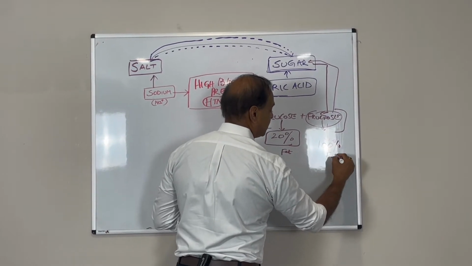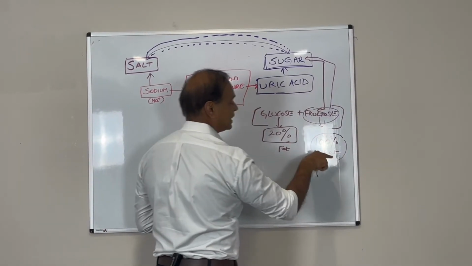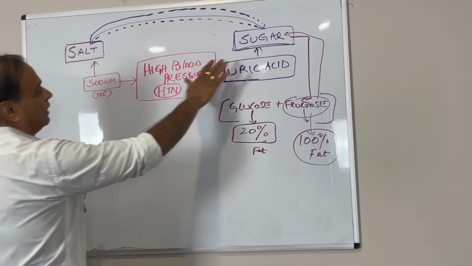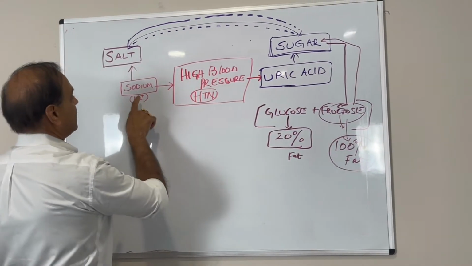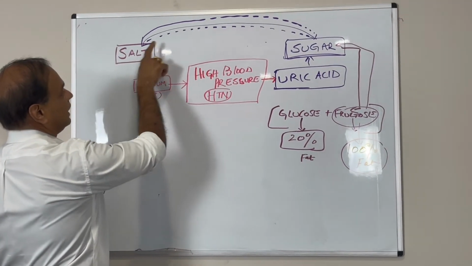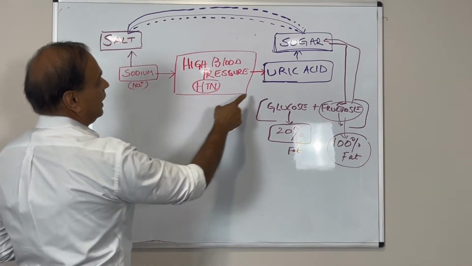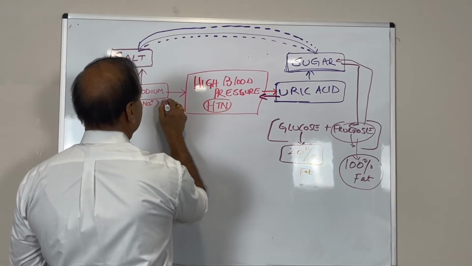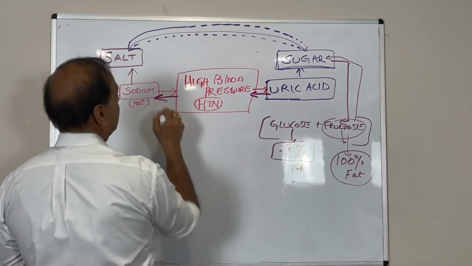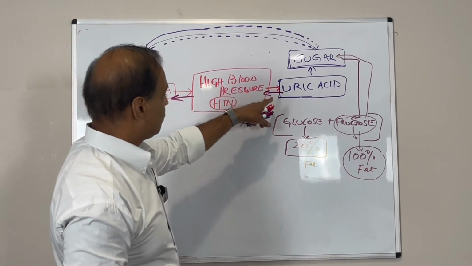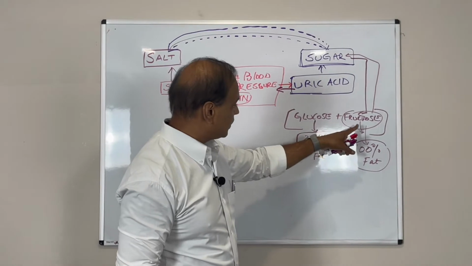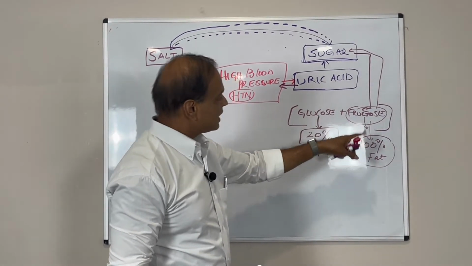Now this is important for you to understand. I'll come back to this later. So we have salt and we have sugar, and sodium, salt leading to high blood pressure, and uric acid also causing high blood pressure through another pathway, which is the sugar becoming glucose and fructose. Now how does that happen?